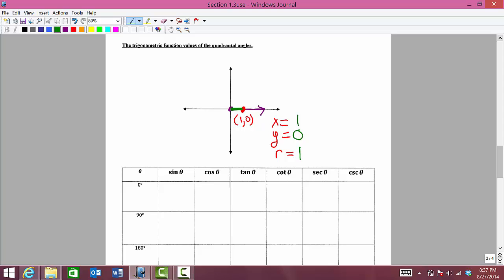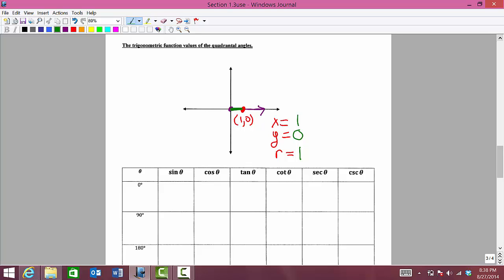So now let's form our 6 trig functions, now that we know what x and y and r are. So sine, remember, is y over r, and that would be 0 divided by 1.